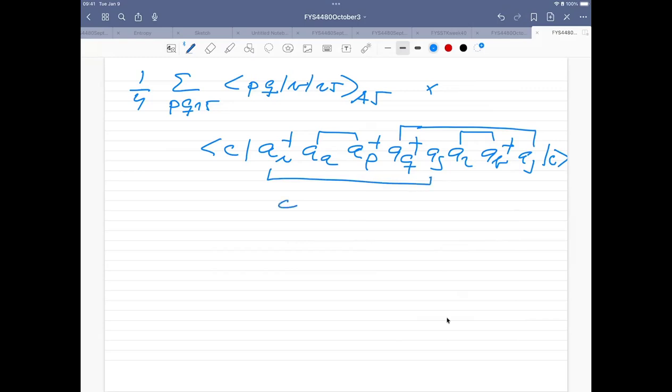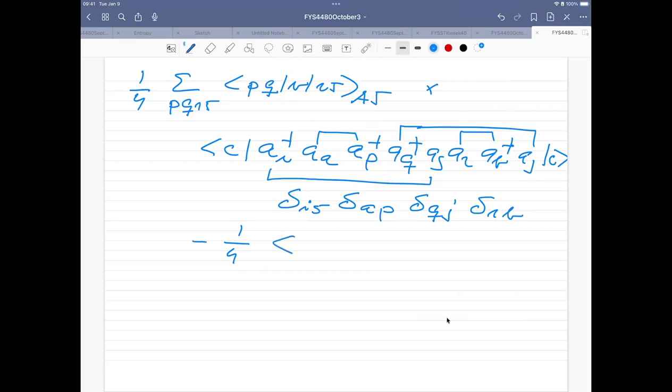So that gives me a delta IS. It gives me a delta AP. It gives me a delta QJ. And it gives me, finally, a delta RB. That translates into a matrix element, because I have to be a little bit careful here, since I have crossing fermion lines, I need to interchange one of them. So there's going to be a minus sign.